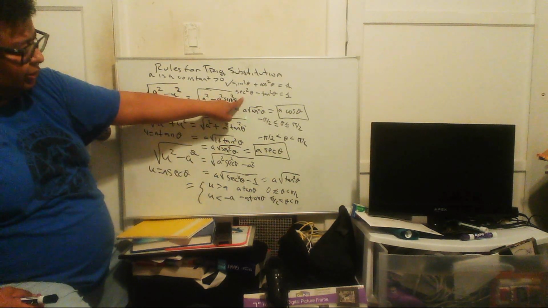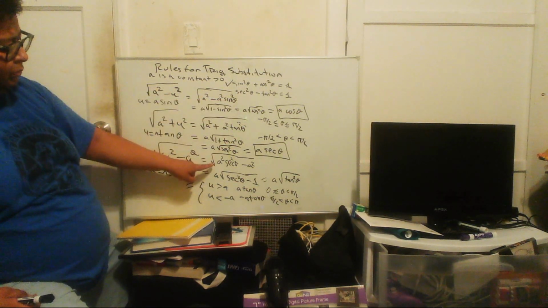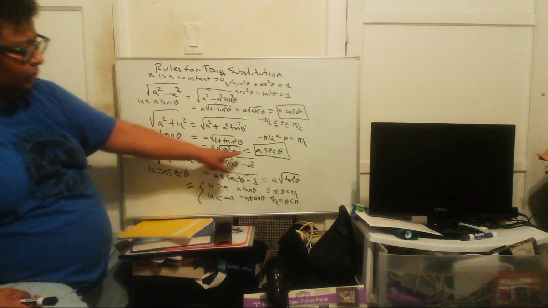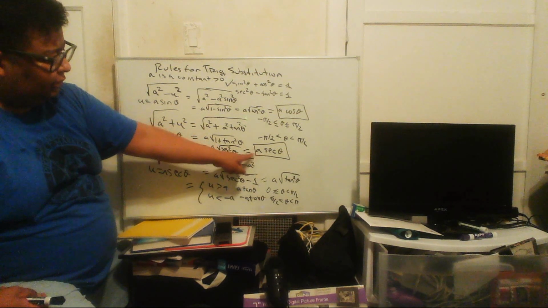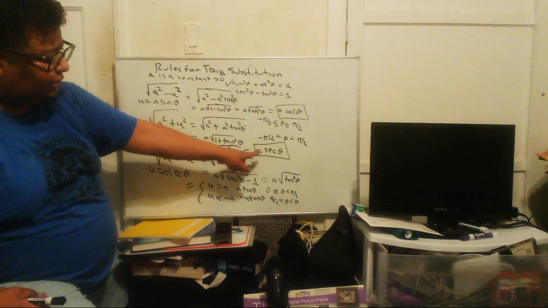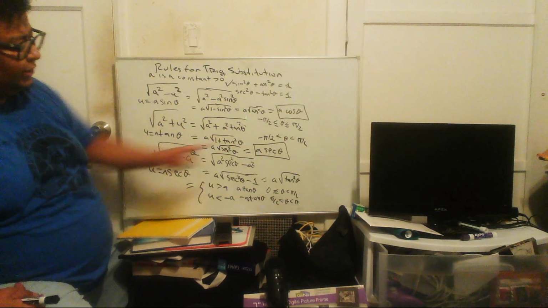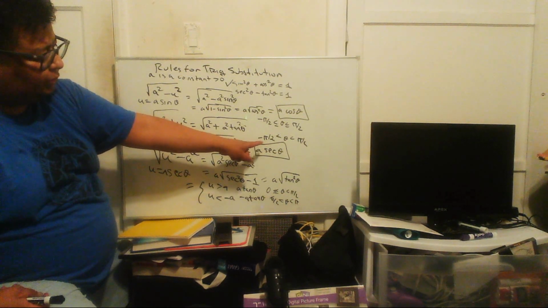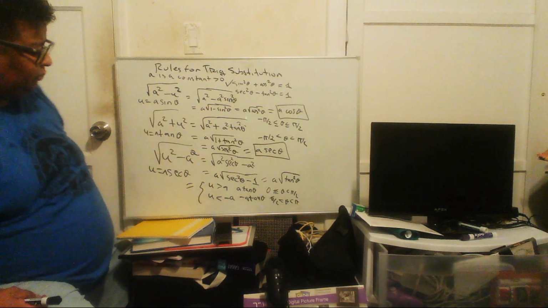Then using this trigonometric identity, inside you put secant squared theta, then you take the radical, you get a secant theta, and theta runs between greater than negative pi over 2 and less than pi over 2.